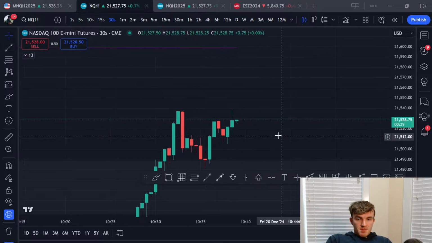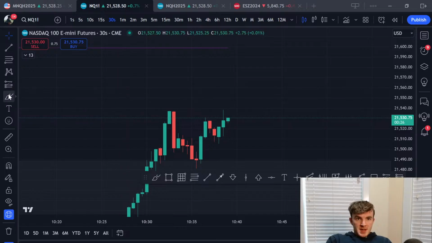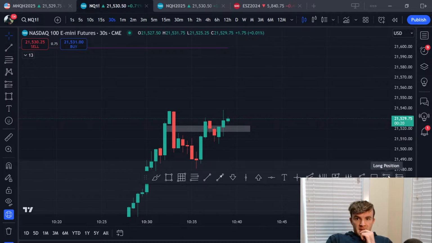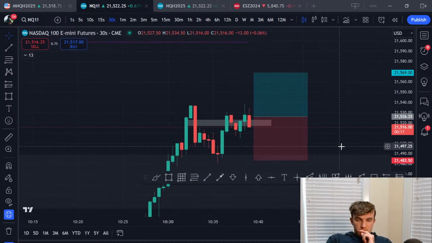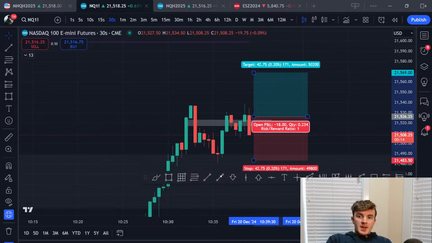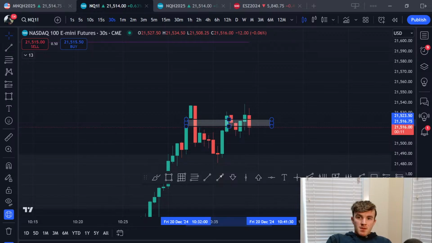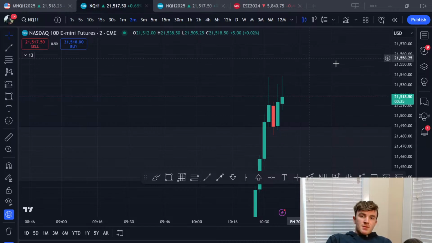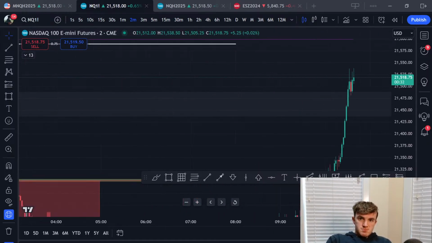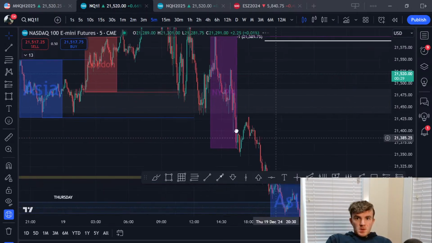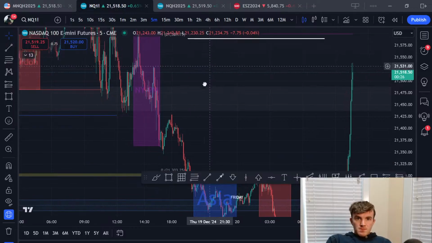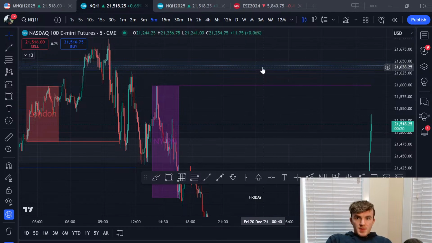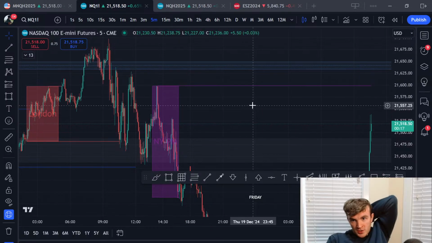A 30-second inversion right here targeting PM's highs. I might take this on one account. Or maybe I should wait for us to sweep out the lows again. This point's kind of forcing something. I mean, we got PM's highs from yesterday as a strong draw on liquidity.